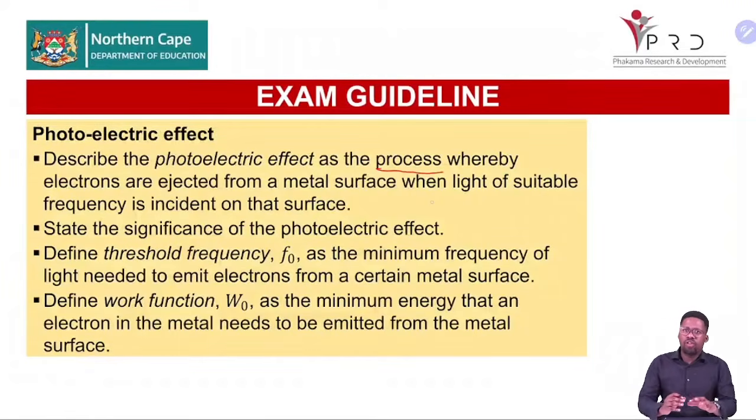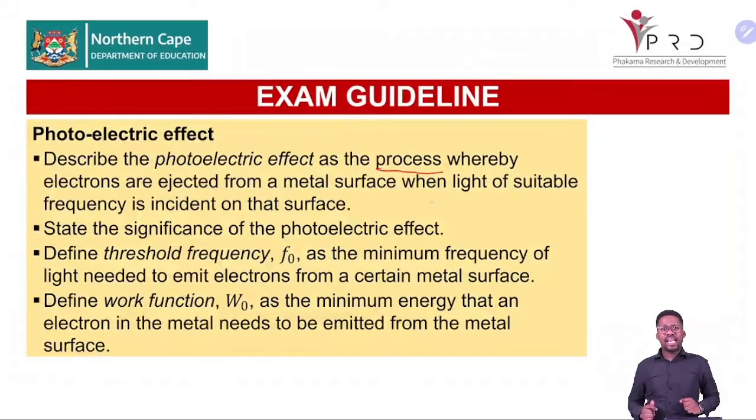They are removed from a metal surface. By what? By light. And this light, for it to remove the electrons, must have enough frequency, it must have enough energy to eject electrons from a metal surface. So that is the phenomenon.